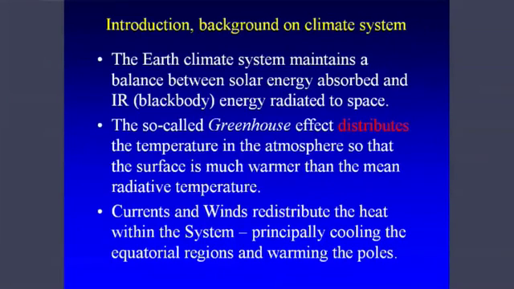I'll explain that later. And so there's a very close balance between how much solar heat comes in and the amount that's radiated back out to space. If there wasn't that balance, the Earth's temperature would be constantly changing by a lot.